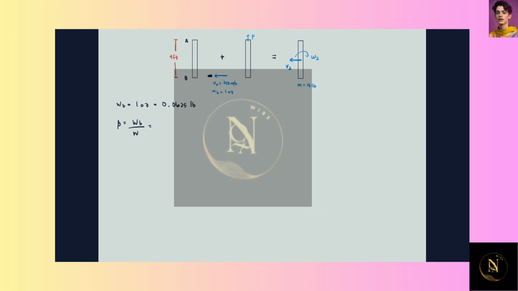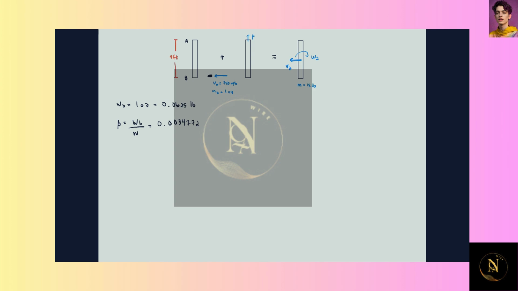Now, getting the mass ratio using the weight values, you will see that the mass ratio beta is 0.00347772. Since the mass ratio beta is so small, the mass of the bullet will be neglected in comparison with that of the beam in determining the motion after the impact.